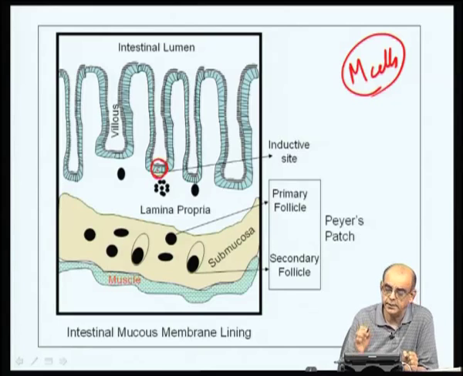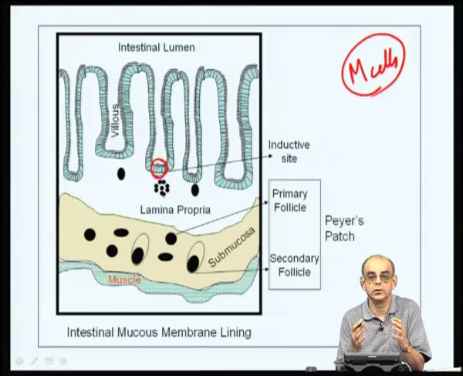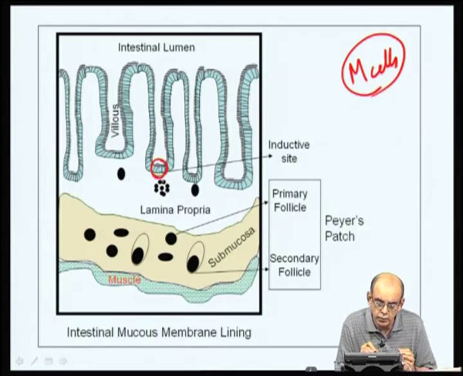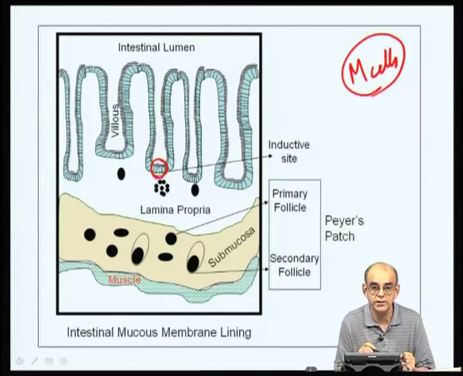Now, what happens here? Under these you have a loosely organized conglomeration of lymphocytes consisting of B cells. So, essentially this is a follicle. You have a kind of loose germinal center of these B cells consisting of antigen presenting cells and some T cells, just under what is called an inductive site, which contains these M cells.